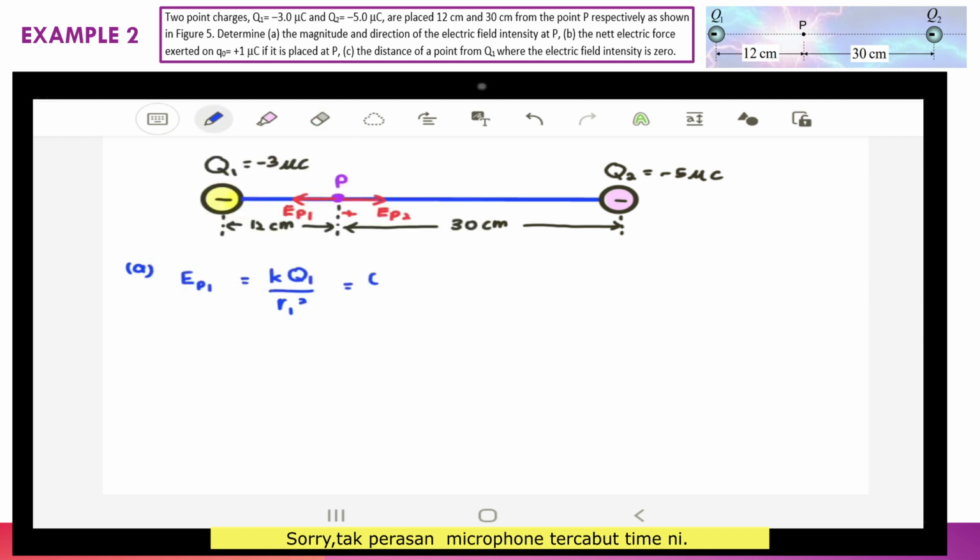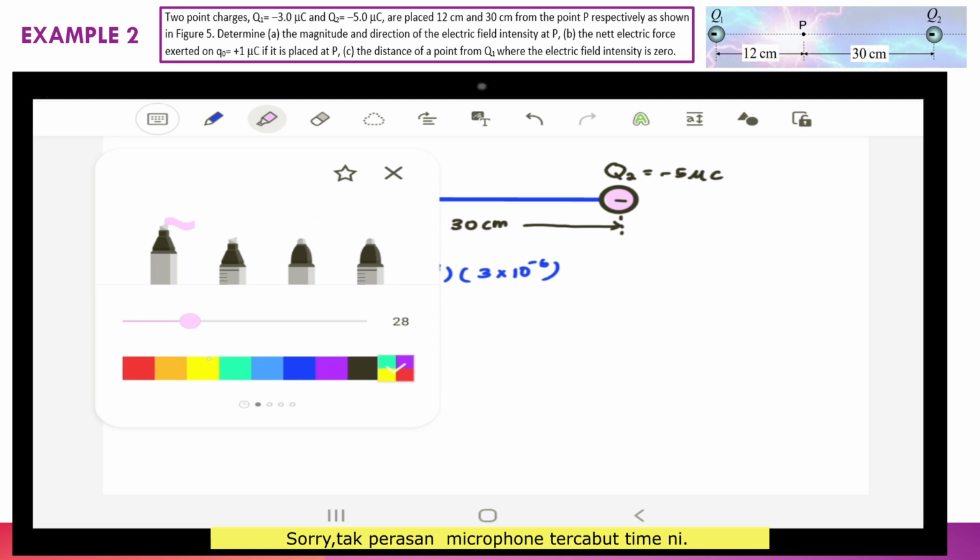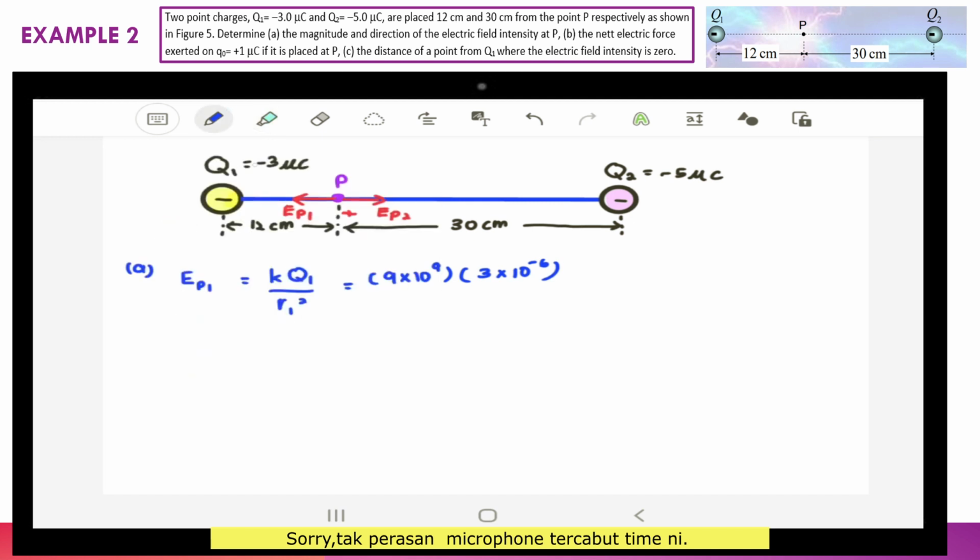So we have 9 times 10 power of 9, times the charge, negative 3 microcoulomb, but please ignore the negative sign in your calculation because we have considered the direction. So times 10 power of negative 6. For this one, we just ignore the negative sign.